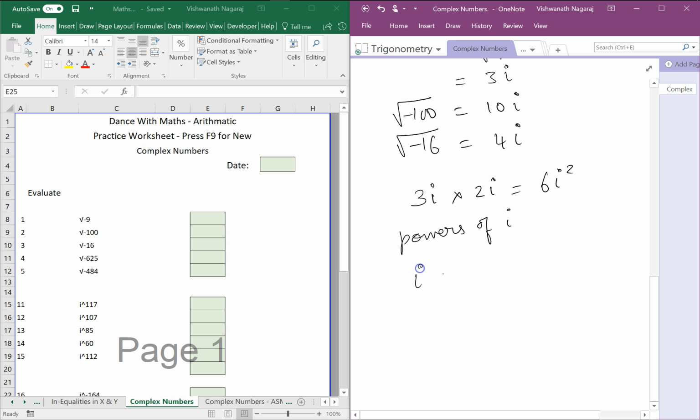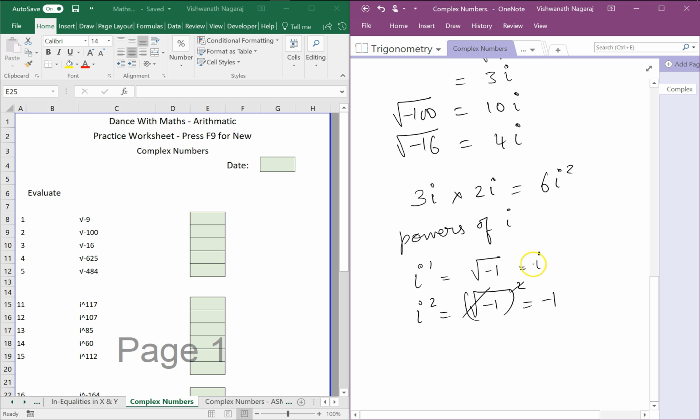If only i is there, that means power is 1, so that is square root of minus 1. Now i square would be what? i square would be minus 1 square. So the square root and square will disappear and you are left with minus 1.